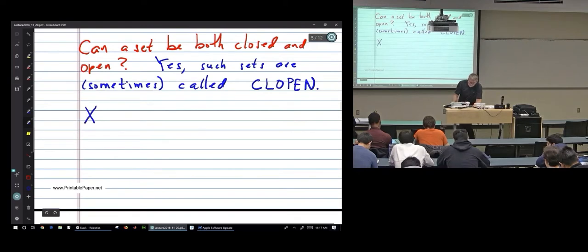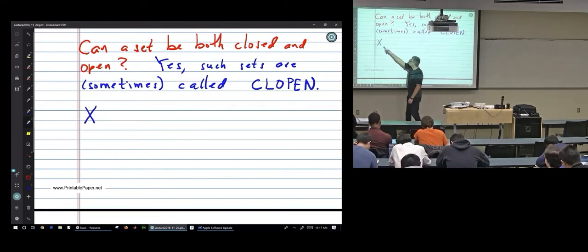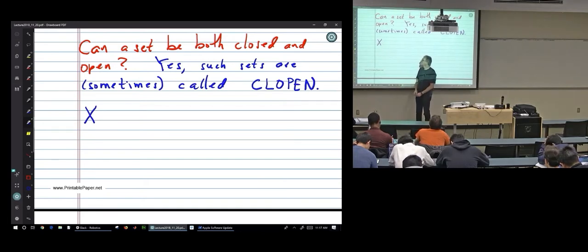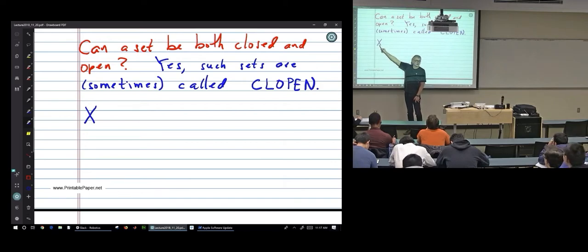Well, let's take the whole norm space. Is it open? If I take a point in here, can I always put a ball around it and stay in there? Yes.